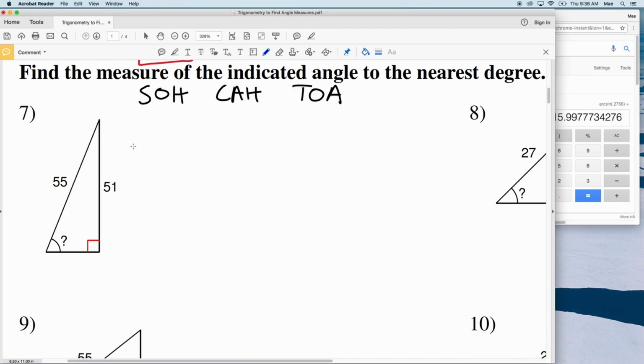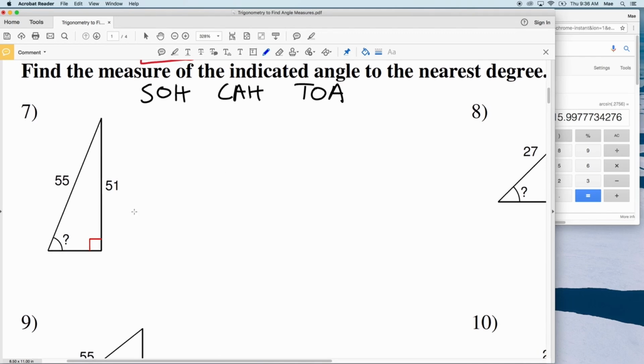In the first problem, number 7, we're trying to find the measure of this angle here. Let's call it x. We're given what's opposite x, and we're also given the hypotenuse. So we have our O and our H, opposite and hypotenuse.